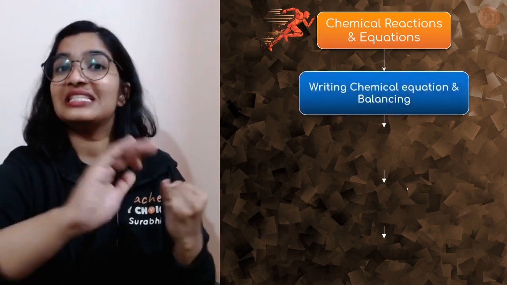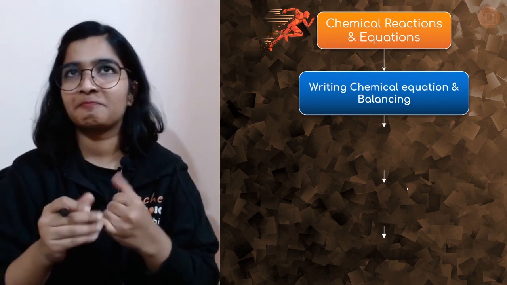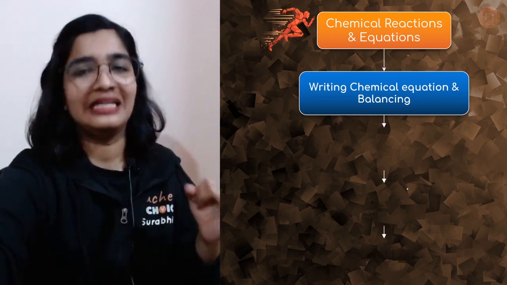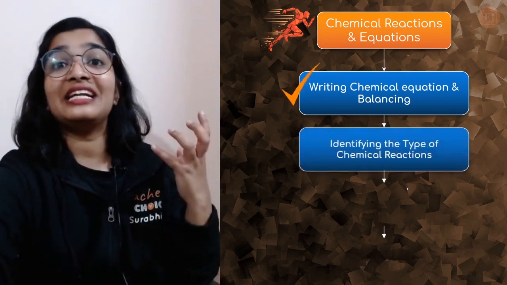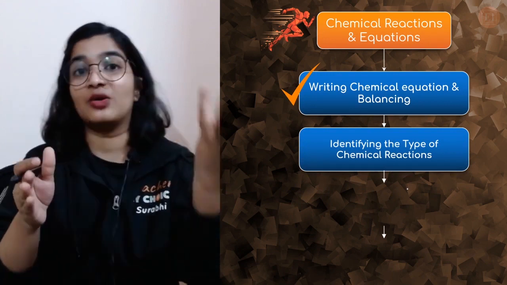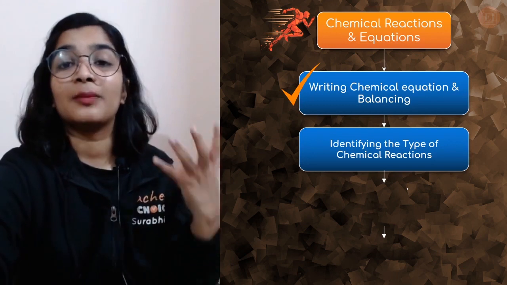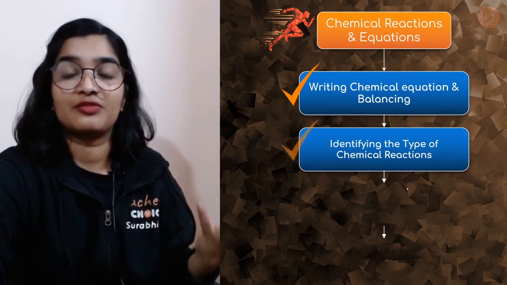So this is what we discussed. Writing chemical equations and balancing. We did try to balance a lot of equations here. We did well, no? Okay, done. Next, identifying the type of chemical reaction. See, is it a double displacement reaction or a decomposition reaction? So we did talk about the identification of the types of reactions.